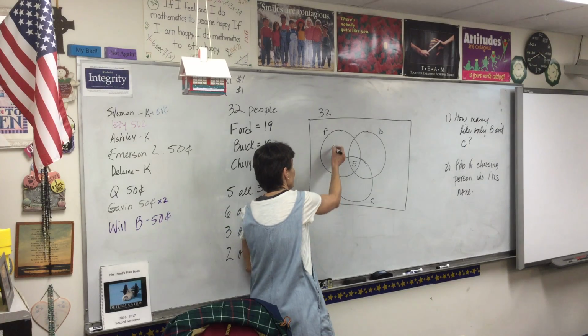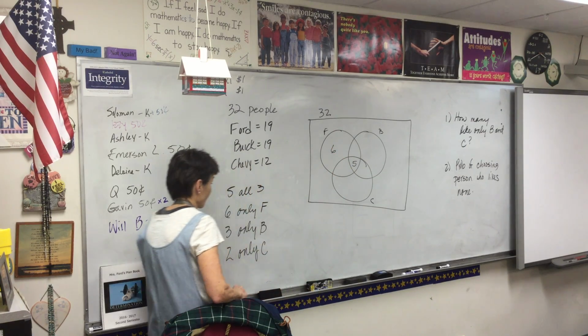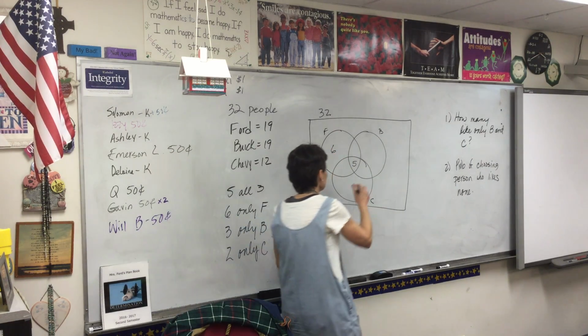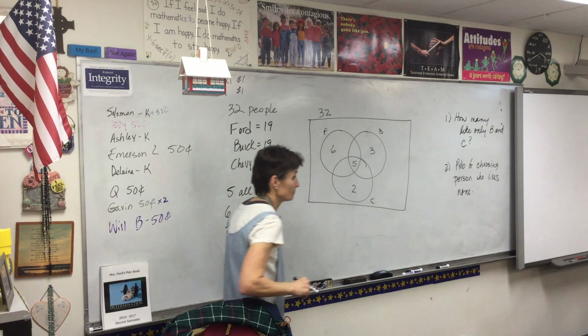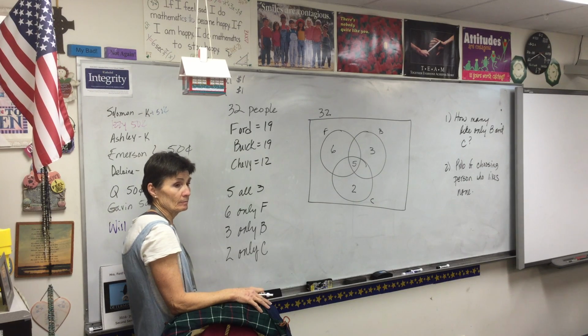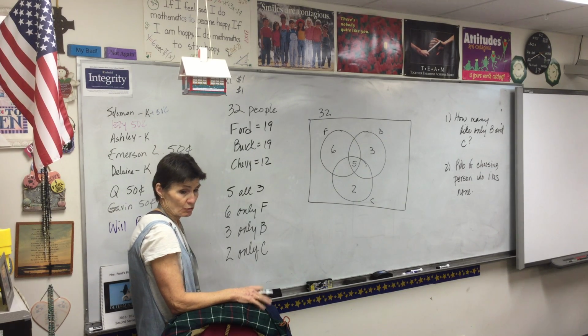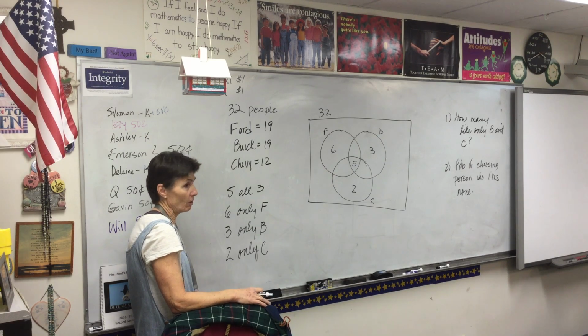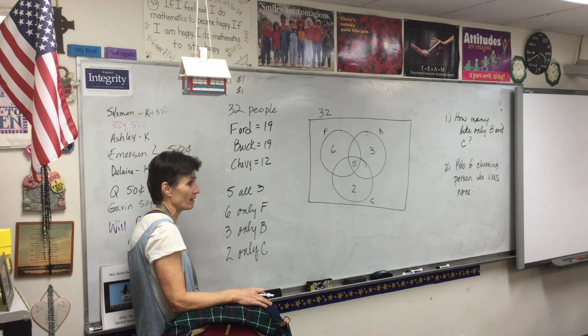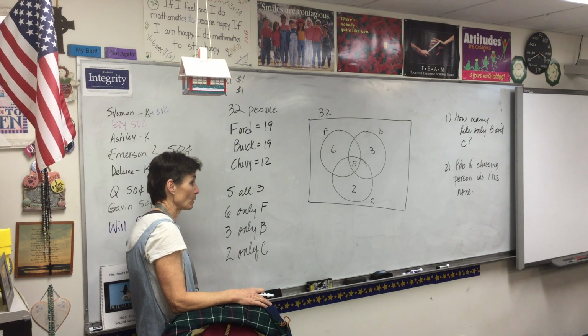Only F would be here, right? And only B and only C. Straight from the problem. Haven't done anything at all. Just copied it into the diagram. Good? All right. What happens now?